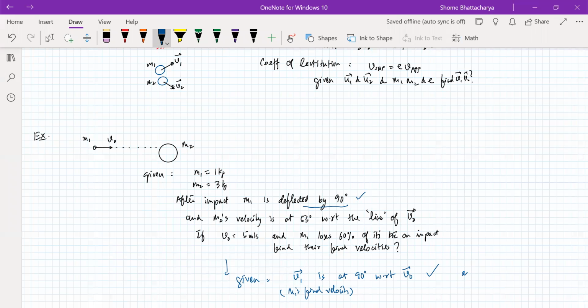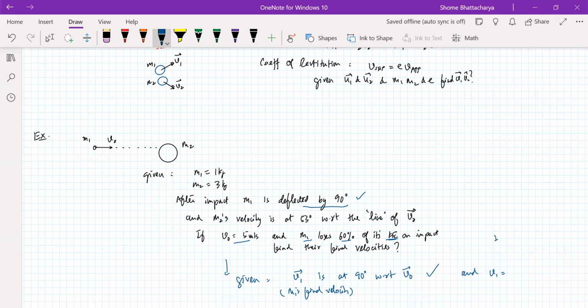Okay. And it is also given that V1 will be equal to, now see what is happening. M1 is losing 60% of its initial kinetic energy. Okay. So that means, and V0 is 5 meters per second.